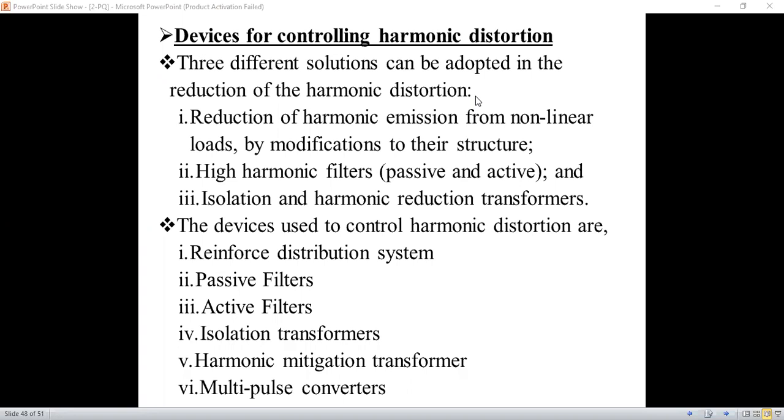We are going to use the non-linear load, but we can reduce the harmonic emission from that component. How is it possible? It is possible by modifying the structure of that device. By modification of structure, we can reduce the harmonic emissions of the non-linear loads. We can do that.